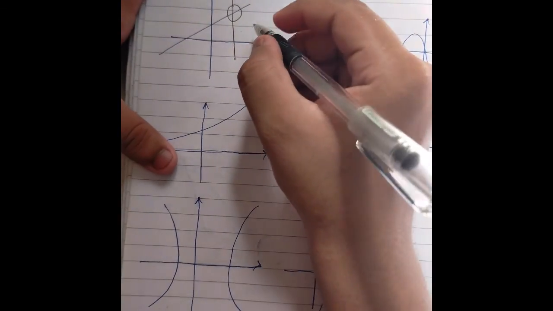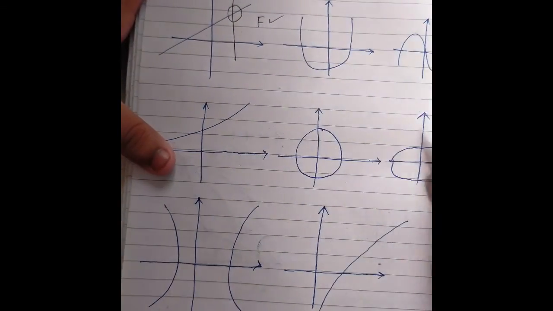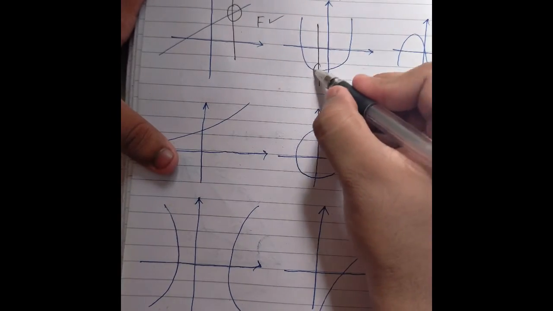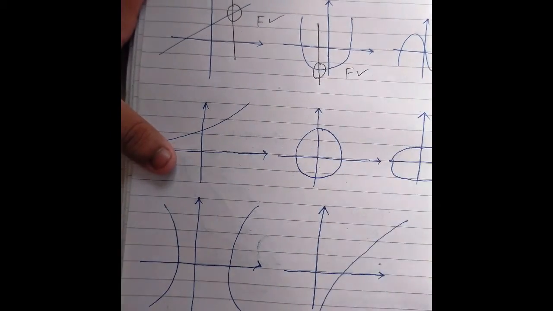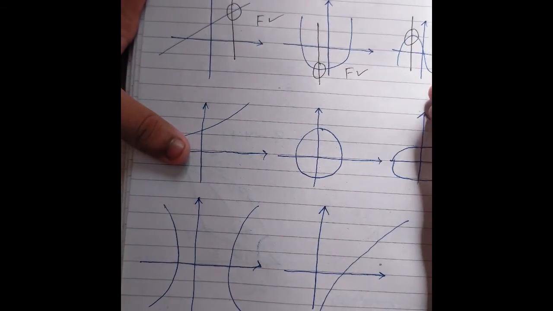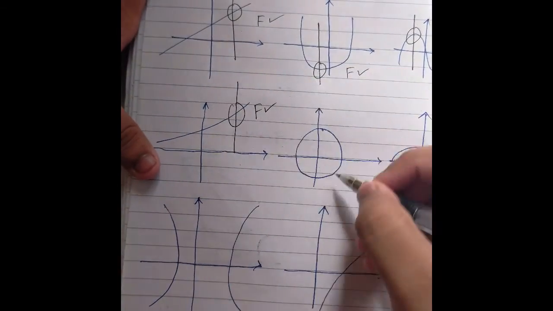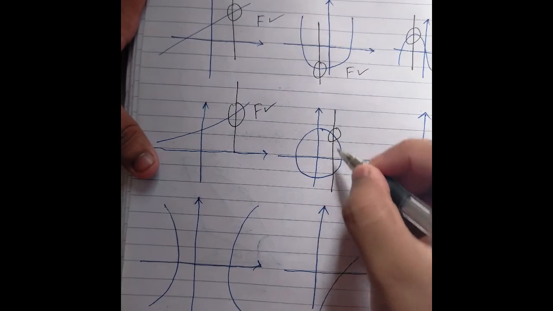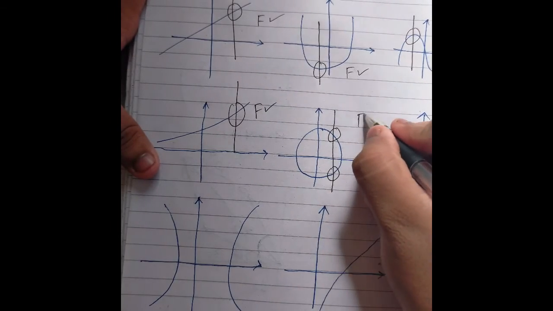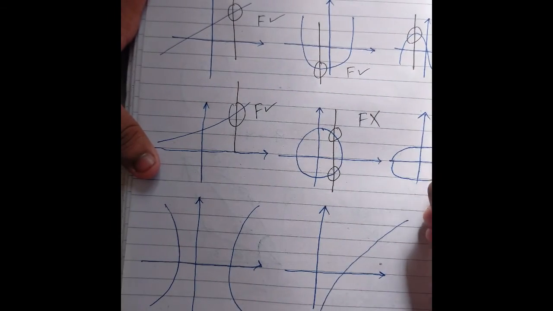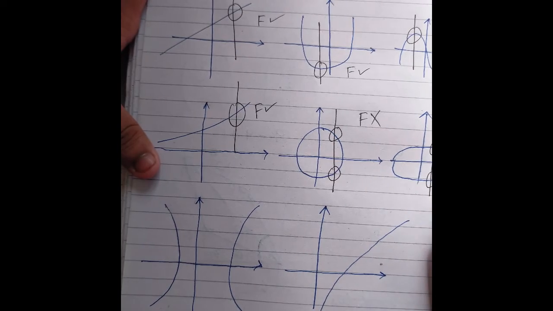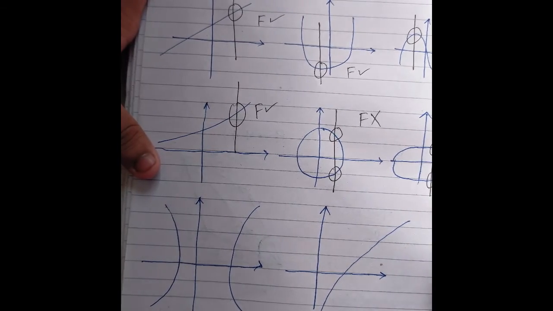Vertical line cuts in one place, so this is a function. Vertical line cuts in one place, this is a function. Vertical line cuts in one place, so this is a function. This is a function. Vertical line cuts in two places, so not a function. Vertical line cuts in two places, so not a function.